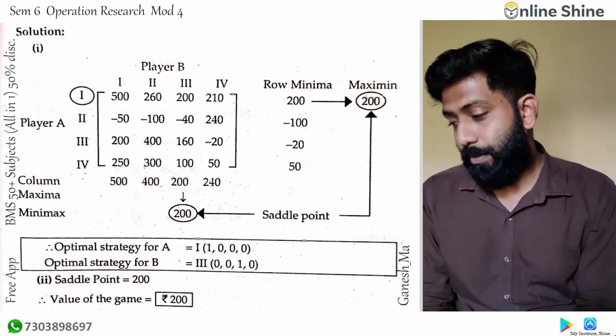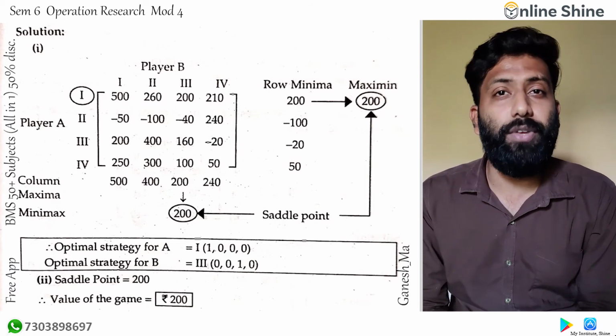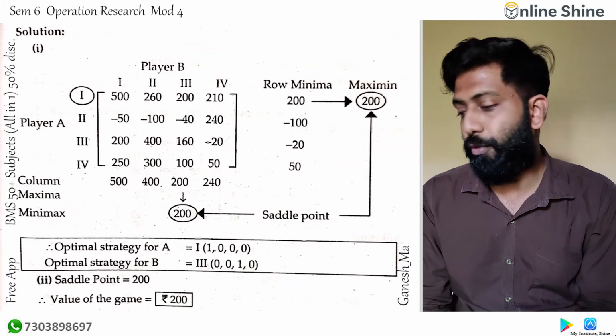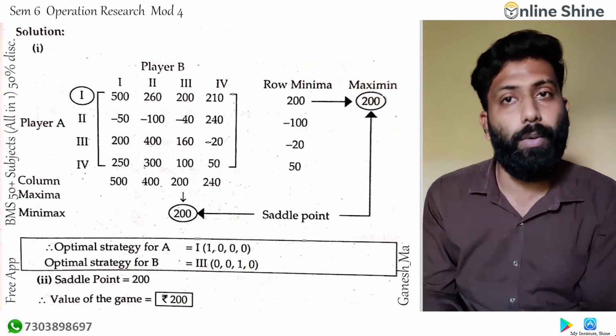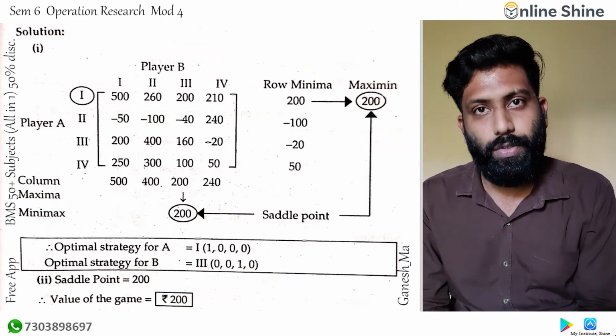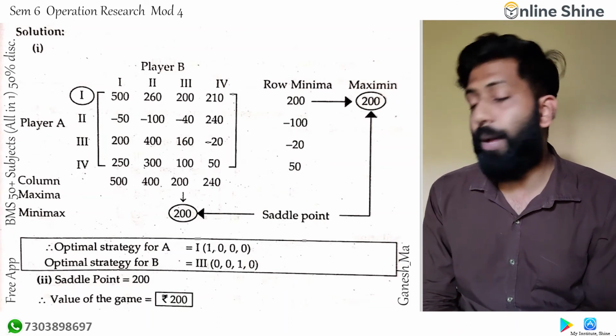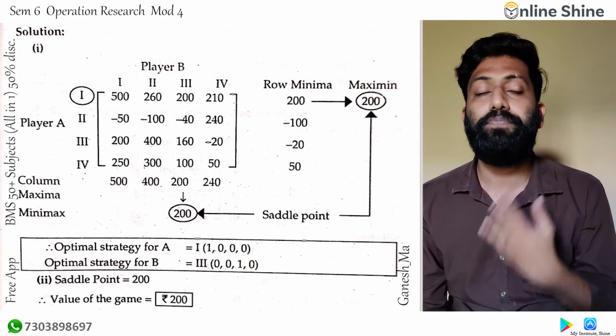Coming to column maxima, we have 500 as the highest value in column number 1. Column number 2 we have 400, column number 3 we have 200, and column number 4 we have a maximum of 240, as you can see.